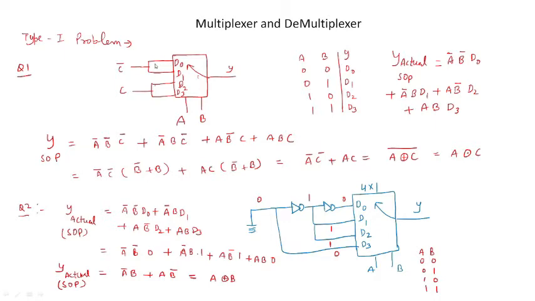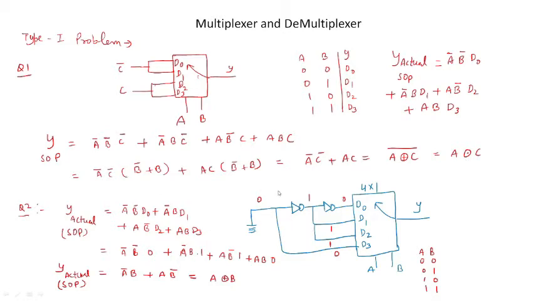Here D0 is C bar and D1 is also C bar. So the actual output in SOP form will be A bar B bar C bar plus A bar B C bar plus A B bar C plus A B C. If we solve this logical expression, it comes out to be A bar C bar plus AC. Note that this is the output of the exclusive NOR gate.